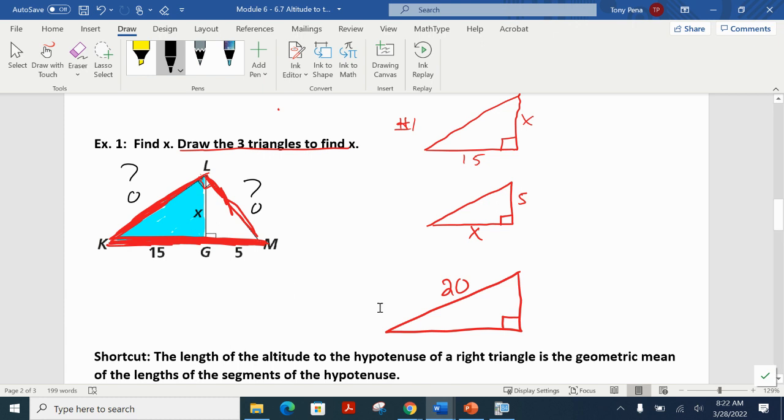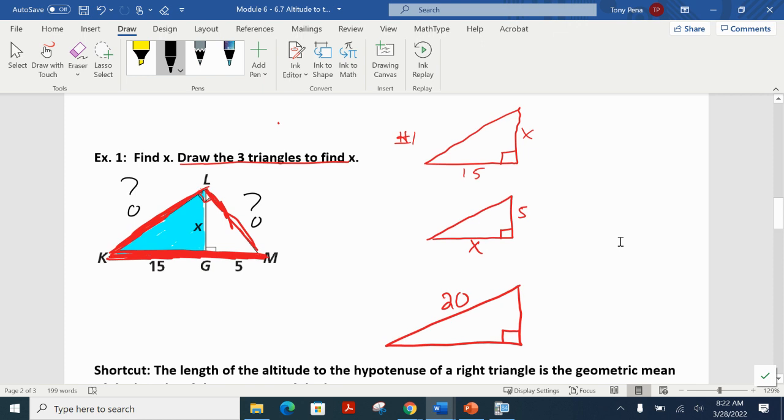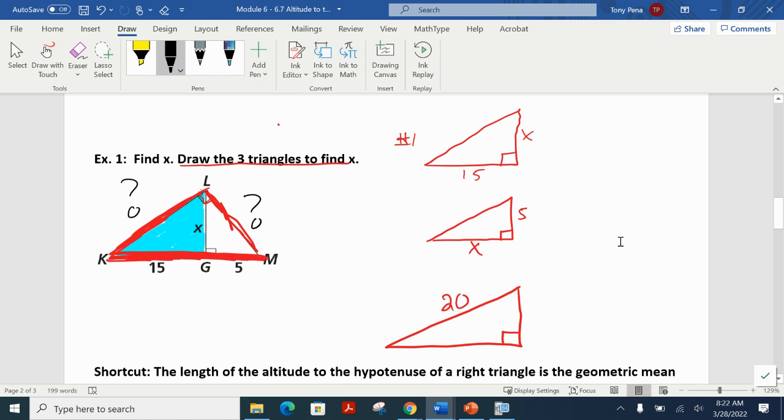All right. So now here's what you're going to do. See if you remember this from break. Set up a proportion that would allow you to solve for x. And to do that, we need two sets of corresponding sides. Okay, so look at the three triangles. You want to use two of those triangles where we have two complete sets of corresponding sides.